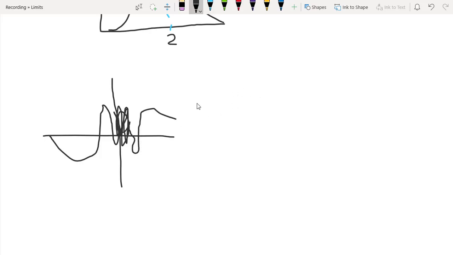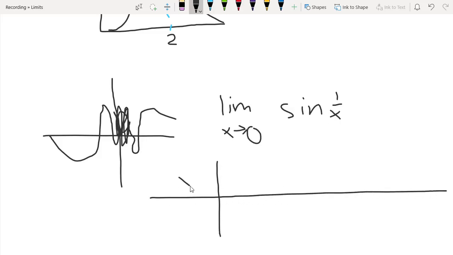On a table side of things, let's say we wanted to take the limit as x approaches 0 of sine of 1 over x. From a table, it's going to have values such as this. We'll plug in 2 over pi, and we'll get 1.